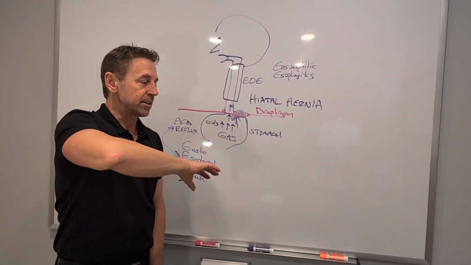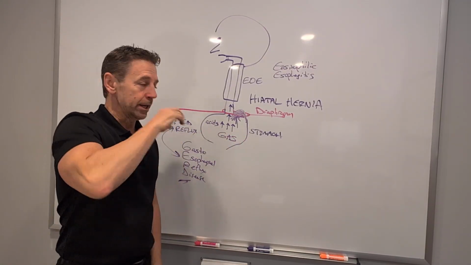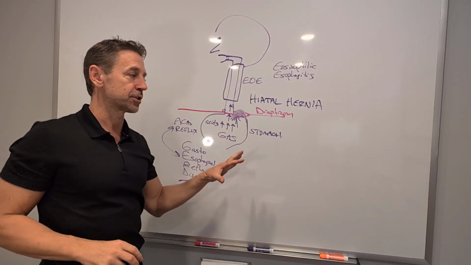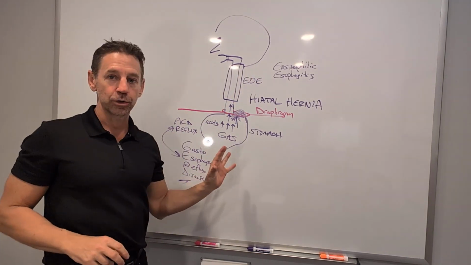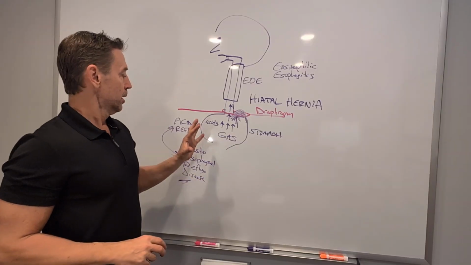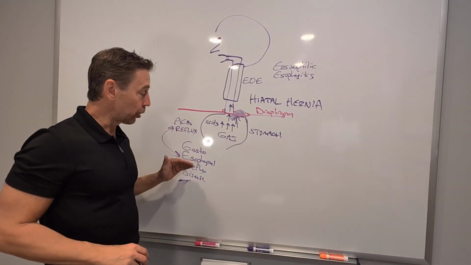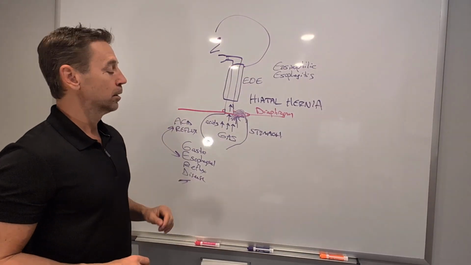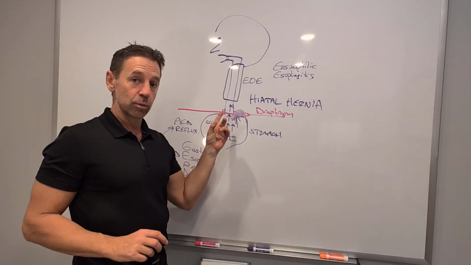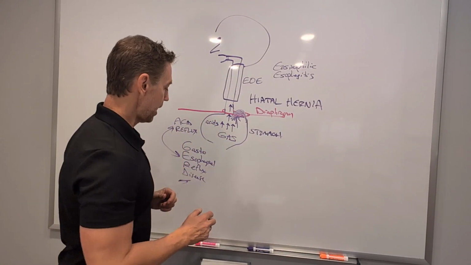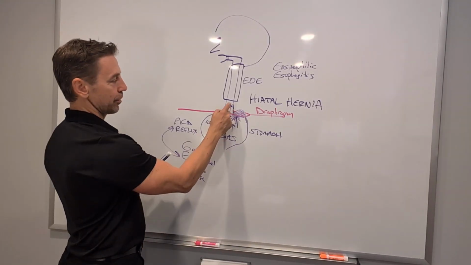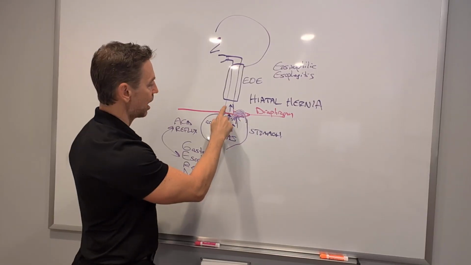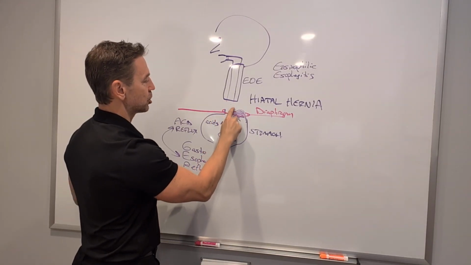There are different things that can cause that. That's for another video, but just be aware that these are the basic concerns when you're talking about how to address heartburn. You have GERD, you've got hiatal hernia, you've got EOE, and then what happens when any of these are going on for a long time at the base of the throat, where the stomach and the esophagus meet, is you start to get damage.